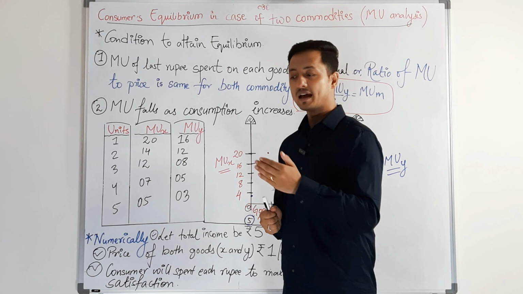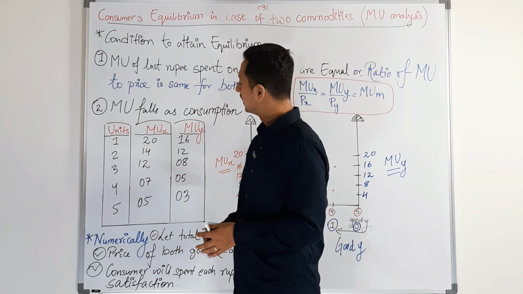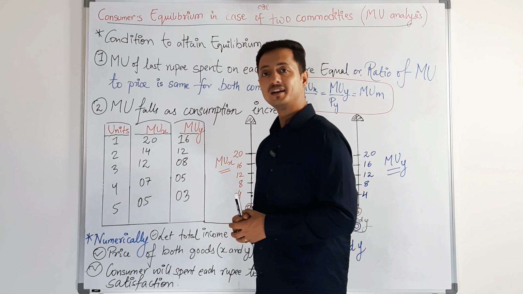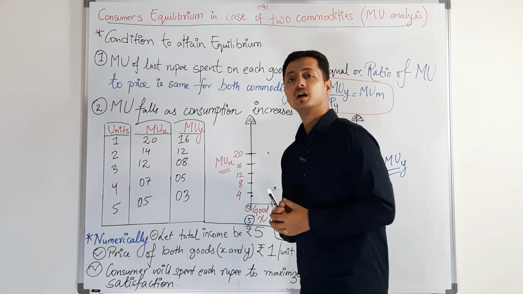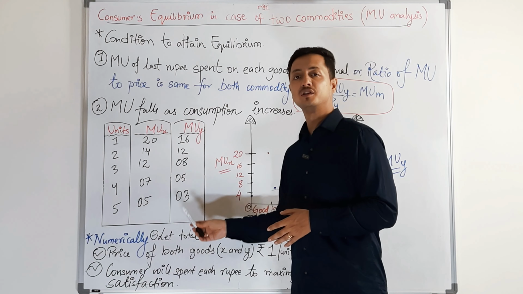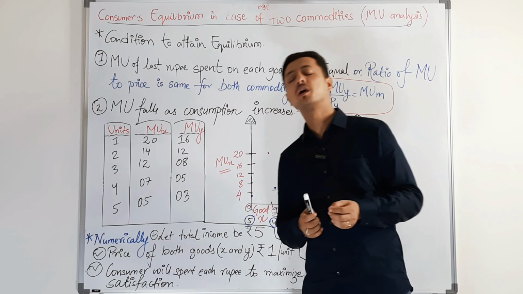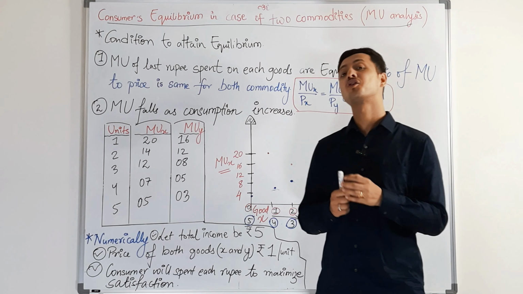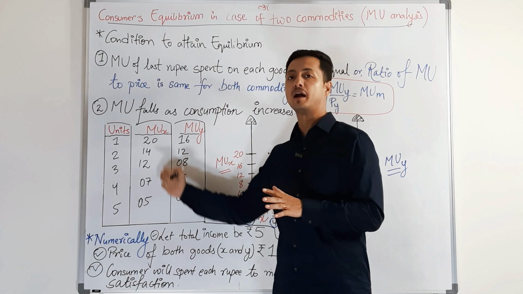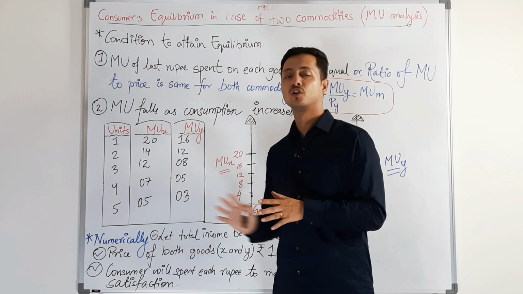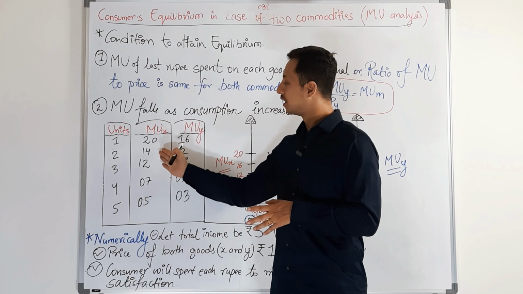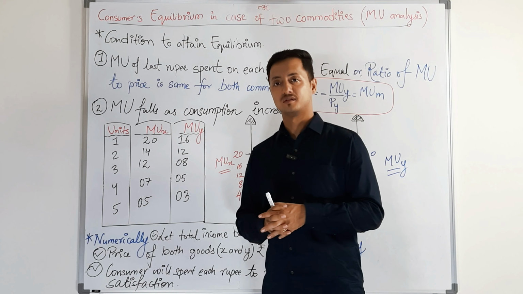As we increase more and more units of the commodity, the marginal utility diminishes, right? The same thing holds for good Y also. Marginal utility diminishes. You can put your own numbers also. It's only that the concept has to be the same, right? You cannot increase the marginal utility, otherwise the law will be cancelled. So you decrease the utility with each consumption.